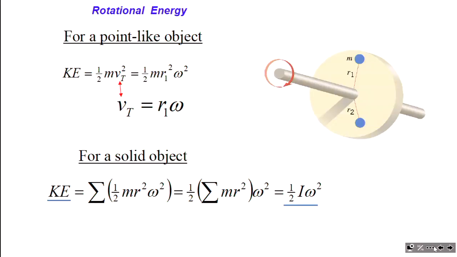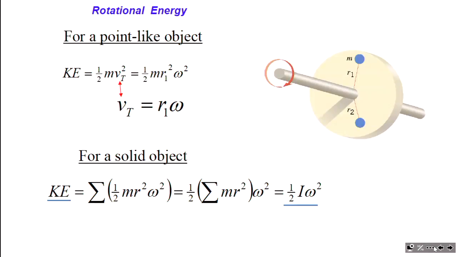What we do see here is how to calculate the total kinetic energy. We just have to add kinetic energy of each individual part of that solid object. For a single small dot, kinetic energy equals 1/2 mass times speed squared. And as we know, linear speed and angular speed are related. What is so bad about the linear speed?